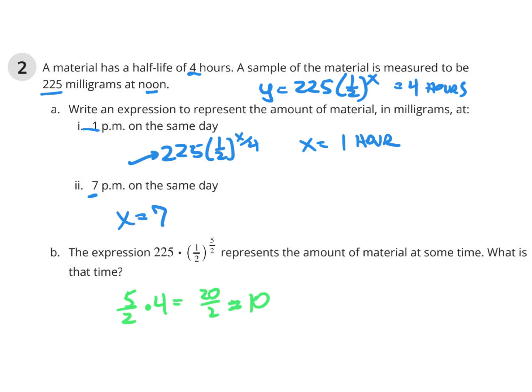They didn't give us the time frame. So 5/2 half-lives is 5/2 times 4, which is 10 hours. 10 hours from noon is 10 p.m.